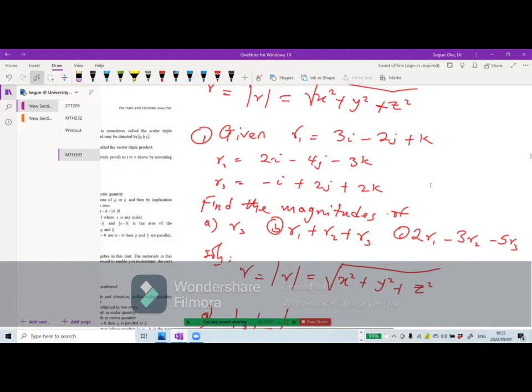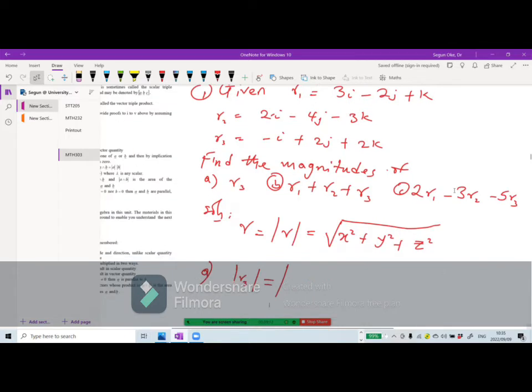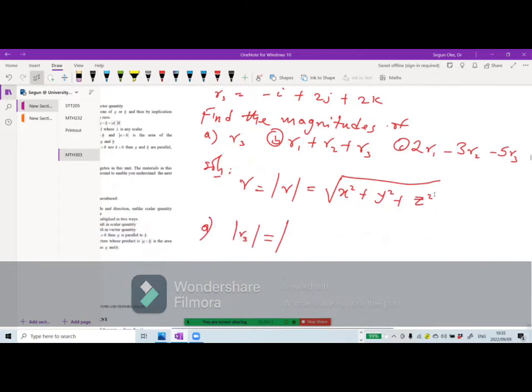Then R3 you have minus I plus 2J plus 2K. Let's write it down.